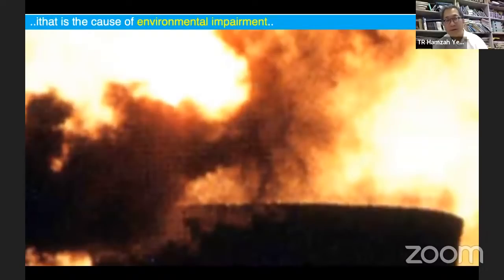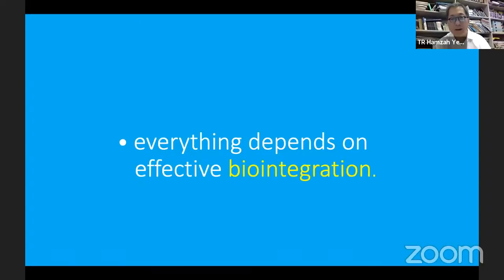Now, the fact that it is not effective, then we burn fossil fuels, which have taken thousands of years to be created, and then this gives out smoke and pollutes the air. And so, what happens if we integrate these effectively within nature?